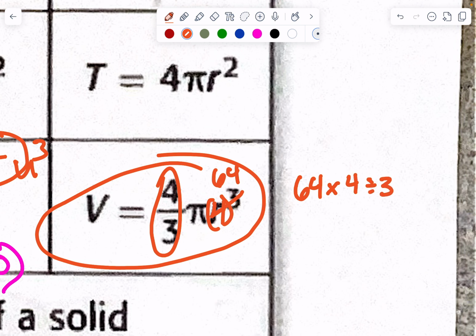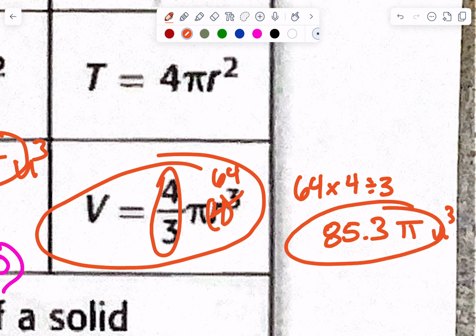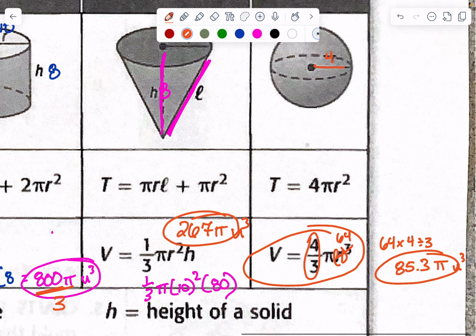Let me grab a calculator. 64 times 4 divided by 3 ends up being 85.3 pi. You can multiply the pi through if you want, but that's in units cubed. That's the volume of a sphere.